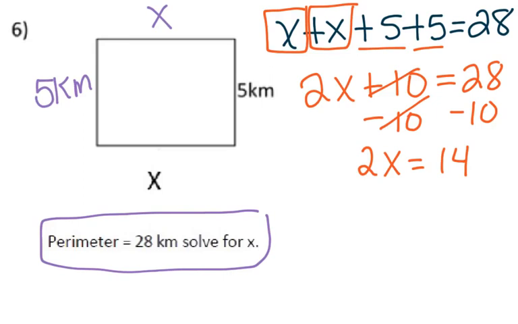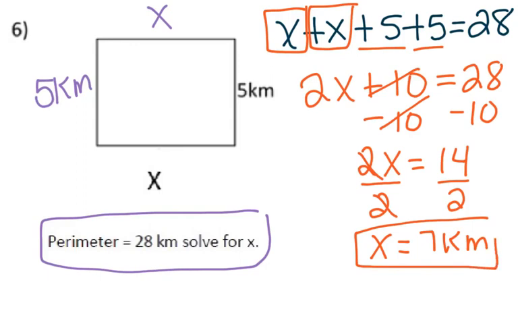And then the last step is to divide by 2. So our X is equal to 7 kilometers. And that is how you find the perimeter of a rectangle.